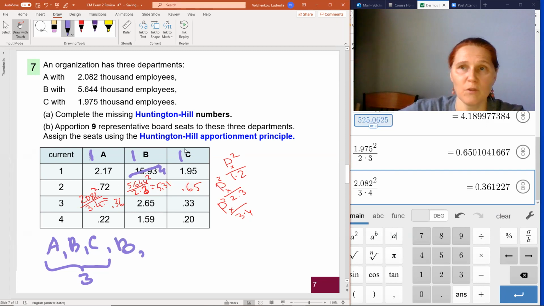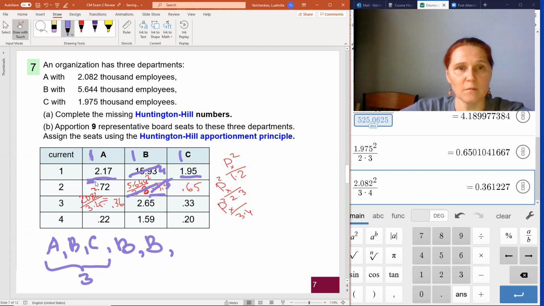And we cross out this number. Then we compare numbers that are uppermost in every column: 2.17, 5.31, and 1.95. 5.31 is still the greatest number, so the fifth goes also to B. And we cross out this number.